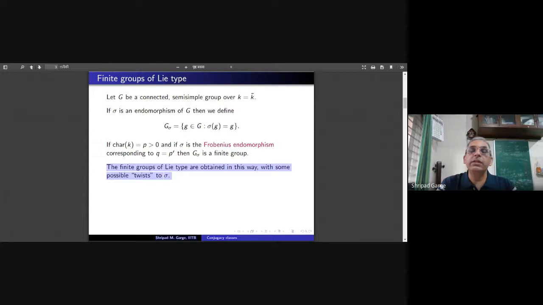That means you start with a connected semi-simple group over an algebraically closed field of characteristic p, which is positive, and you apply the Frobenius endomorphism together with some possible twists. These twists are given by diagram automorphisms. Your semi-simple group will have a corresponding root system, and then there is the Dynkin diagram, which will have its own automorphisms.